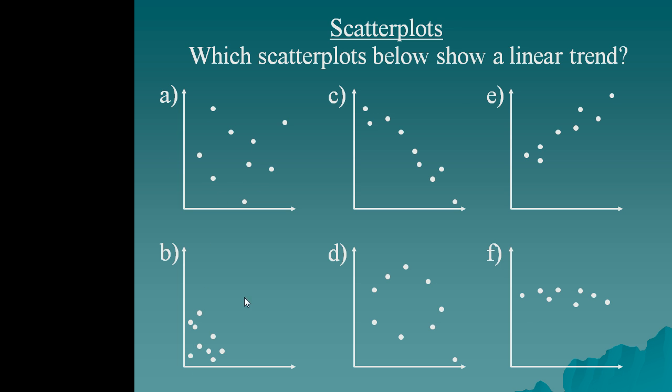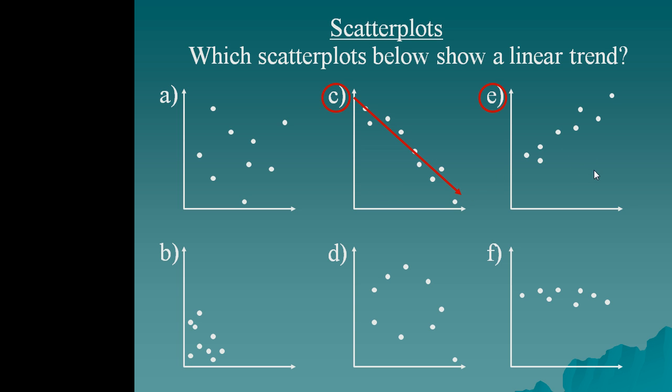Any correlation here? No. All right, what about C? Yes, a negative correlation. What about D? No. What about E? Yes. What about F? Yes. So what kind of correlation would C be? Negative correlation. So if we kind of drew in this line, it does look like it's decreasing.